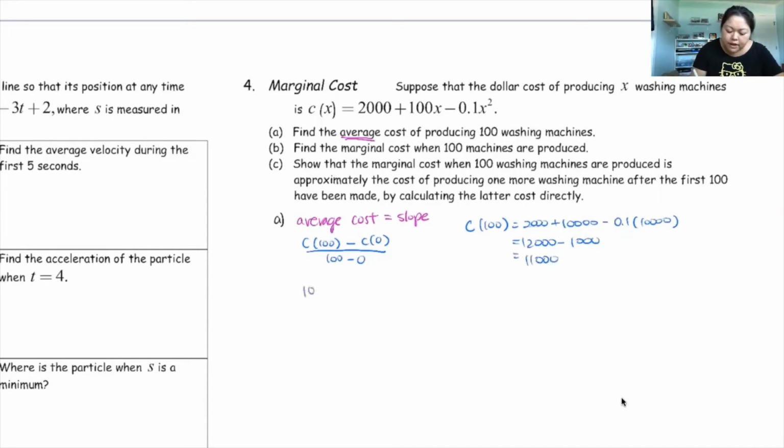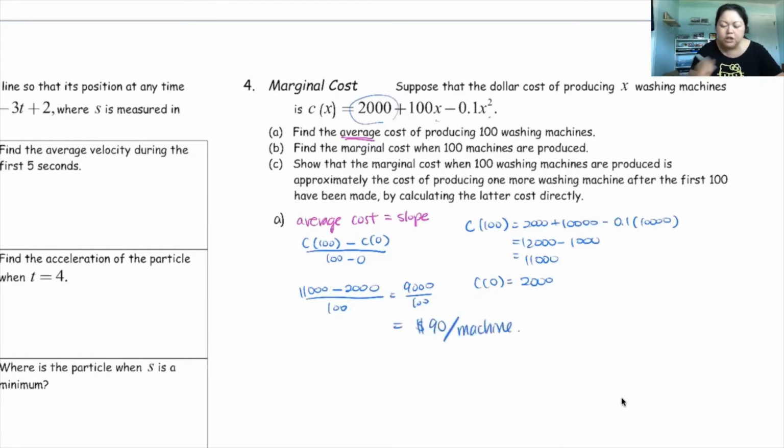So 11,000 minus the cost of 0 machines. The cost of 0 machines is just 2,000. So 2,000 all over 100. So it's 9,000 over 100. So the average cost is roughly $90 per machine. Okay, so that's my answer to part A.